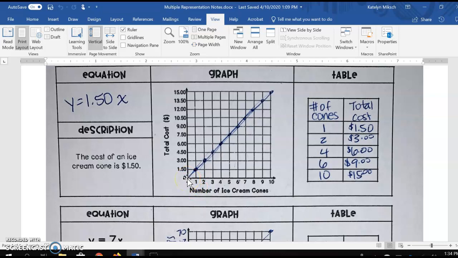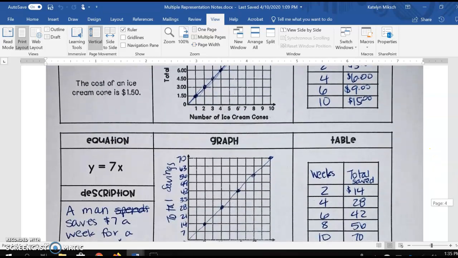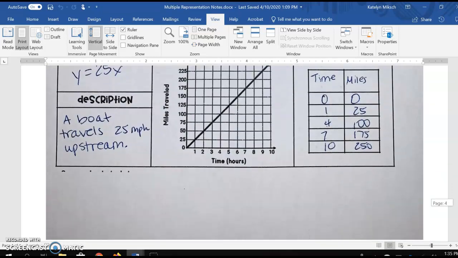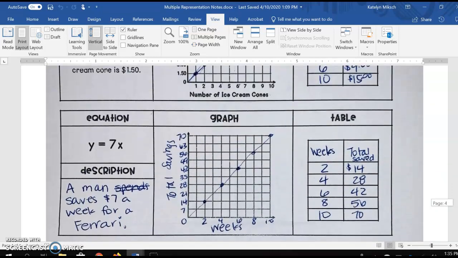Because if you start with 0 and you multiply it by anything, you get 0 as your answer. So that's a quick way to tell the difference between additive and multiplicative if you're looking at a graph. We've talked about that in class, but that's a review for you, so you'll notice all of these do go through the origin for our multiplicative relationships.